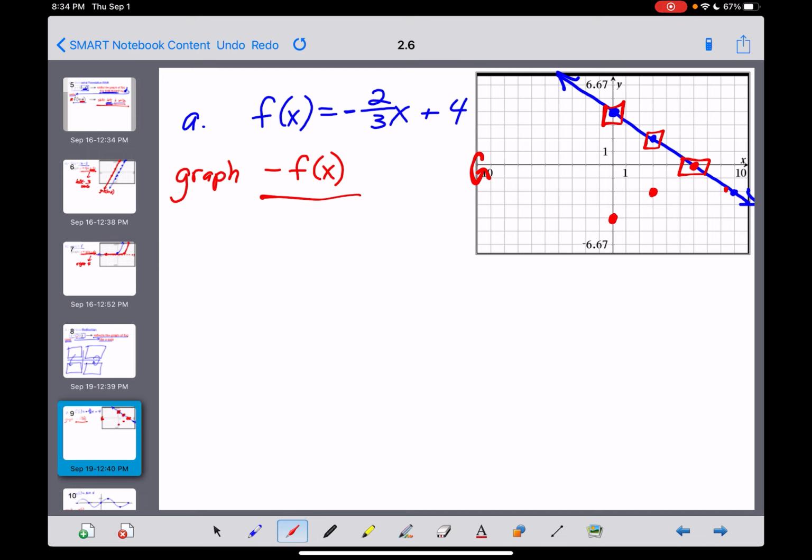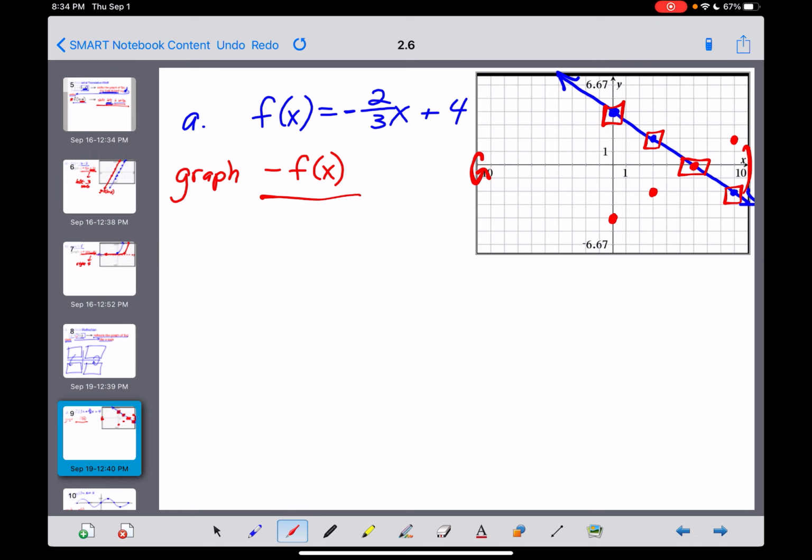And then this point that we came up with over here, it was the fourth point I think we came up with, that had a y-coordinate originally of negative 2. It's 2 units below the x-axis. So when we flip it, that point is actually going to move up and end up 2 units above the x-axis.